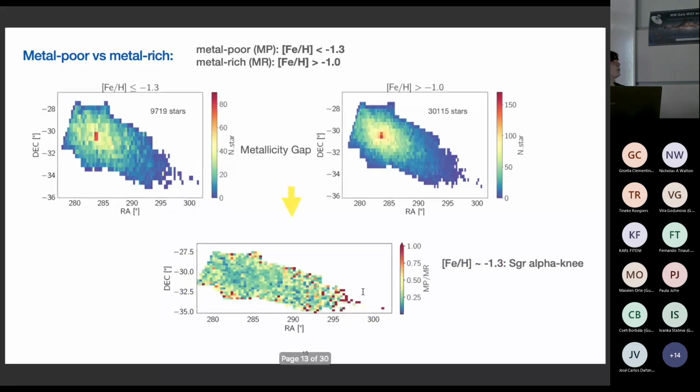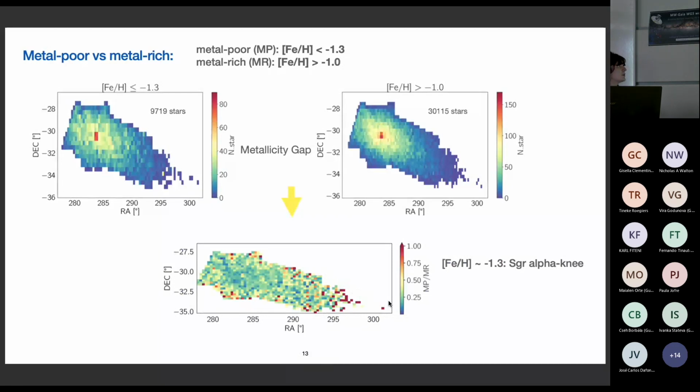Again, we plotted the ratio along the Sagittarius footprint, and this confirmed the previous plots: we tend to have a concentration of metal poor stars at the edges and also at the onset of the Sagittarius stellar tails.